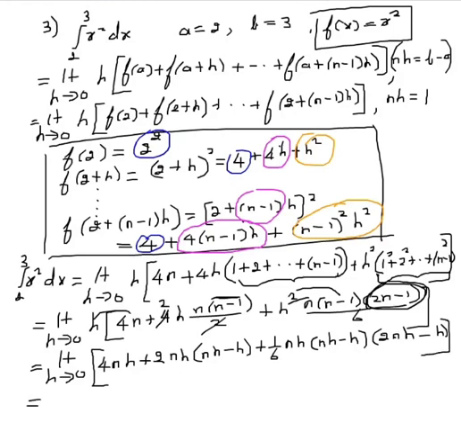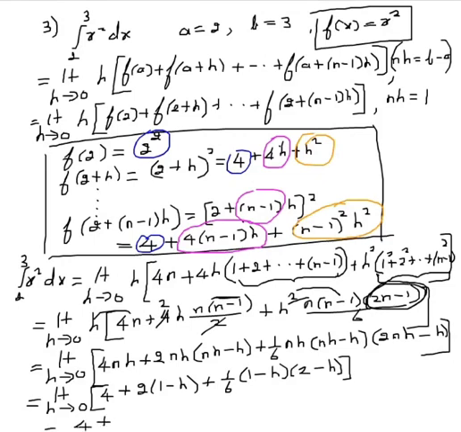We know that nh is a constant which is 1. Let us substitute the value of nh as 1. And substitute the limit value h as 0.